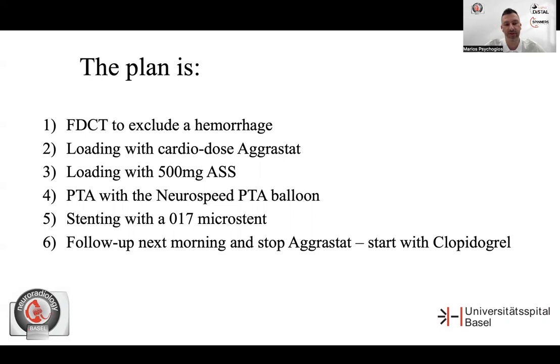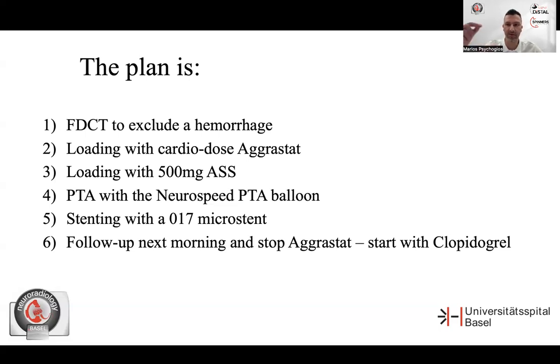Again, no preference there. You can use the Credo, Pegasus, Atlas. They're all good microstents. But I'm really excited to see the coated microstents that are coming up, and that maybe are even safer for these cases where you have to acutely load with GP inhibitors or with aspirin.